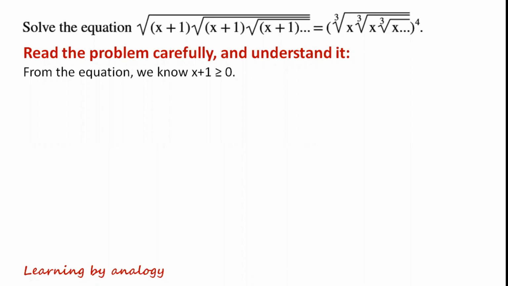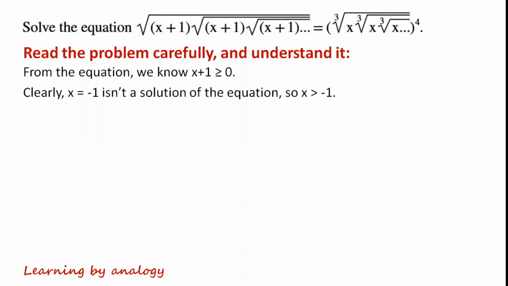From the equation, we know that x plus 1 is greater than or equal to 0. Clearly, x equals minus 1 isn't a solution of the equation, so x is greater than minus 1.